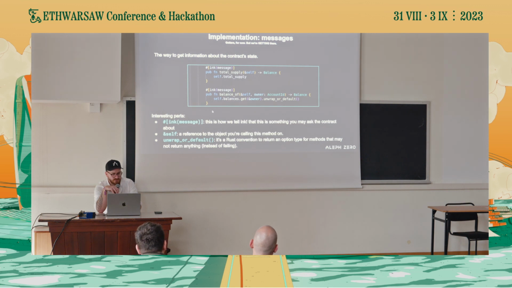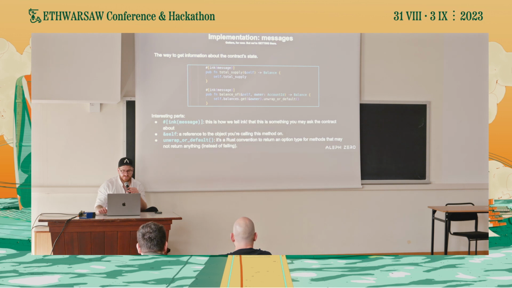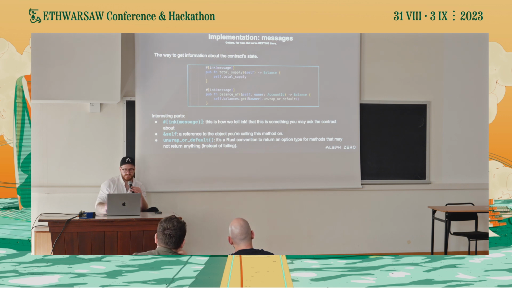Now, the other method is very simple, but it's actually very interesting and showcases some of the very elegant parts of the Rust philosophy. So let's say we want to learn the balance of a certain account of our token. We have this balances mapping, right? And we can get a value from under a specific key.